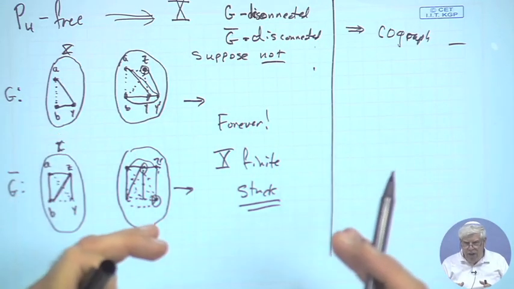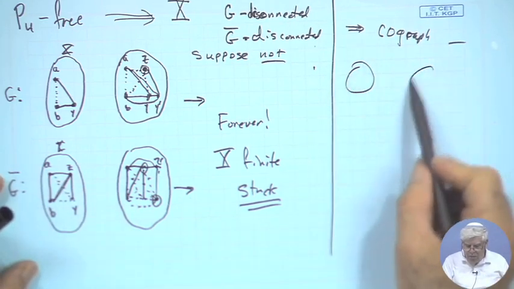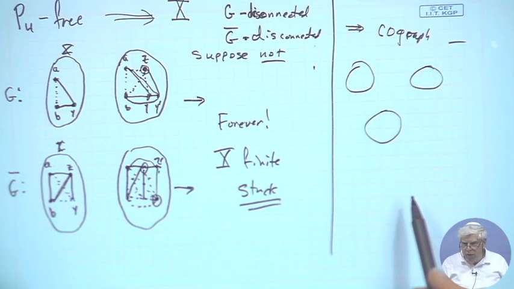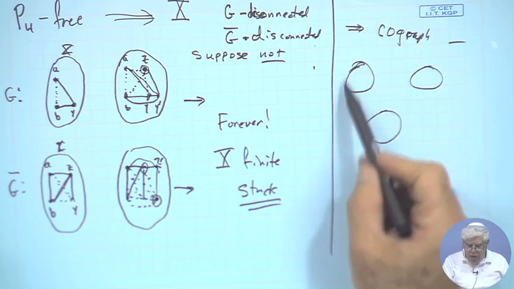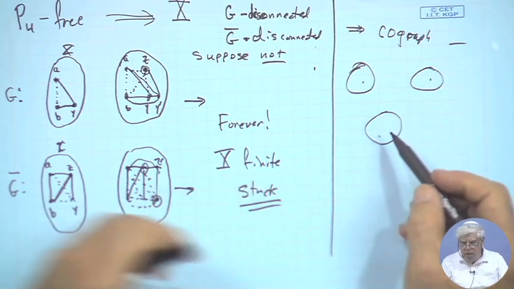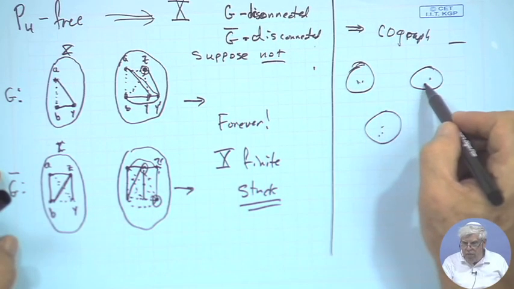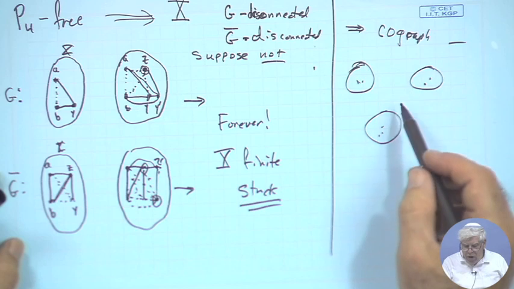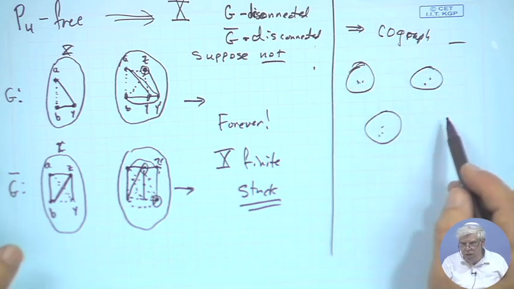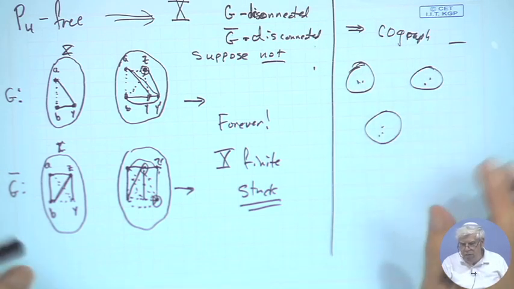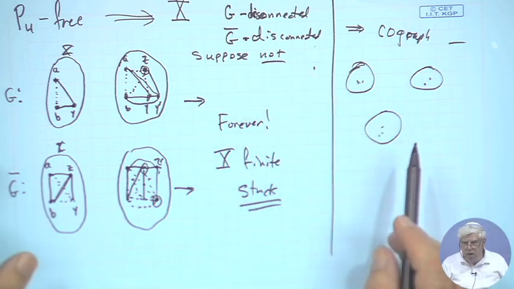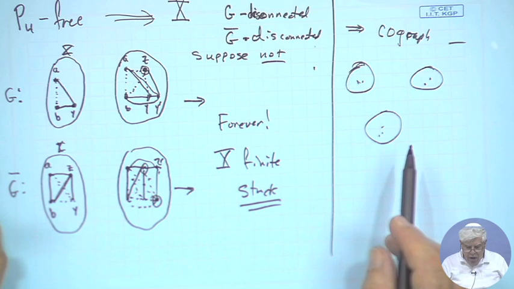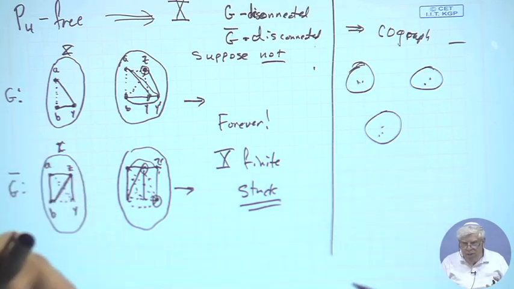If it is disconnected, I have separate components. Great. Now I can assume that the theorem is true for each component. Therefore, each of these is a CoGraph, and therefore the disjoint union is a CoGraph. I'm done. If it is connected, then its complement is disconnected.